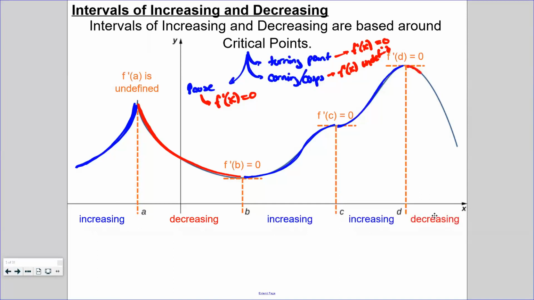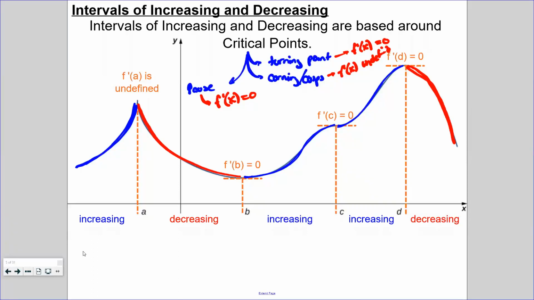And then going from D to infinity, our function is decreasing. All right, any questions so far?